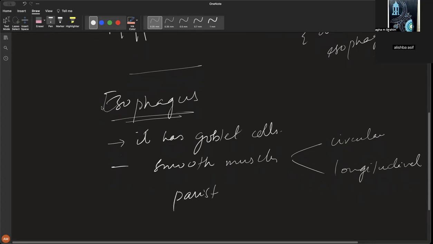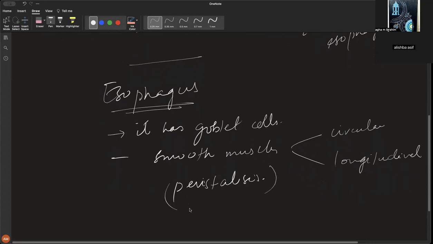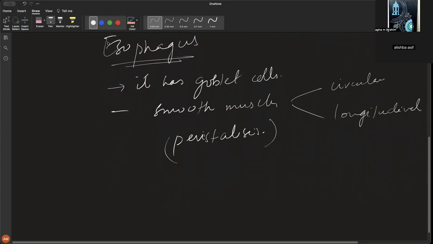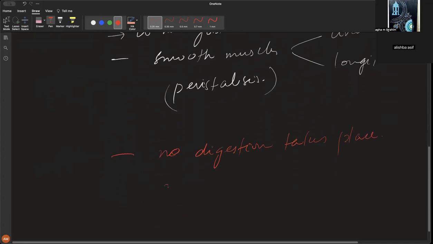Peristalsis. Peristaltic movement needs to be taking place, right? The important thing that you need to know about esophagus is that no digestion takes place in esophagus. No digestion, no absorption of any sort takes place in esophagus. Okay?